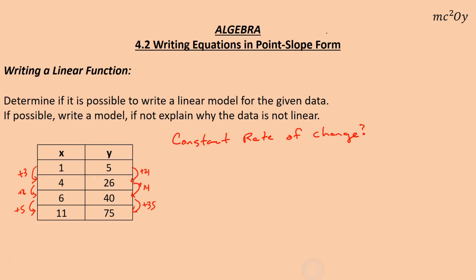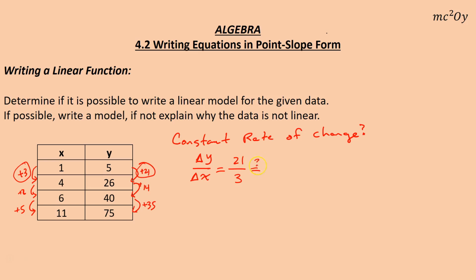Well, remember, constant rate of change, that means your change in y over change in x is constant. What that means is you're comparing these things. So if I was to say, when I go up 21 on y and go up 3 on x, is that the same?